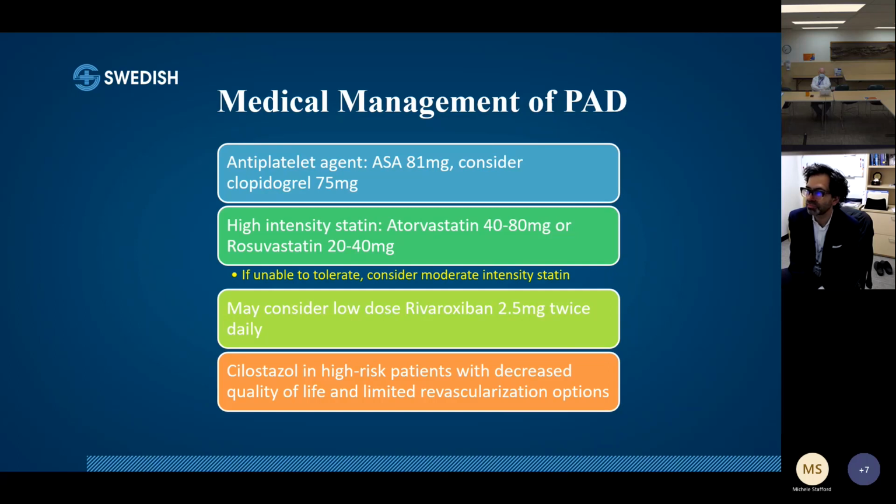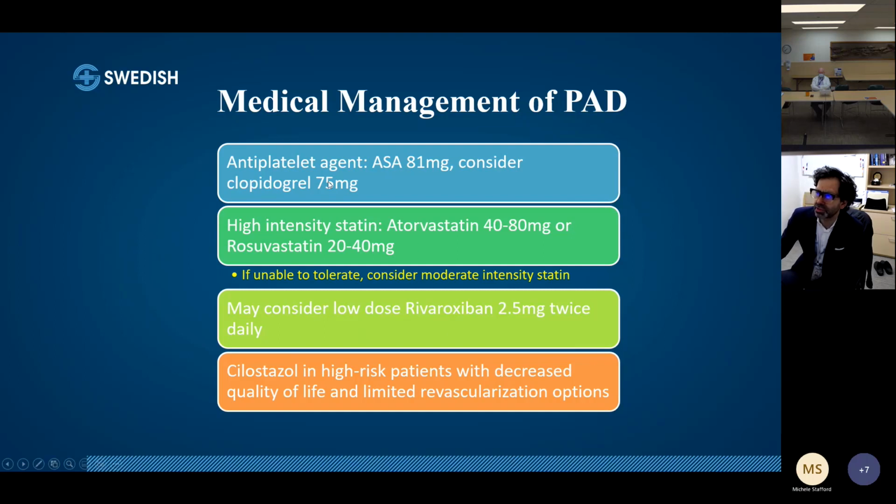The CAPRIE study showed a benefit, especially in PAD patients, risk reduction of 20% compared to controls in patients who were taking aspirin and clopidogrel together. The overall cohort, which included patients with stroke and with coronary disease, had a more modest effect.